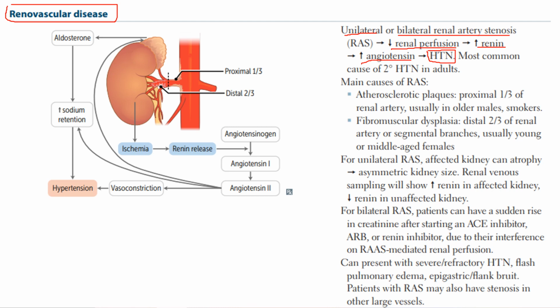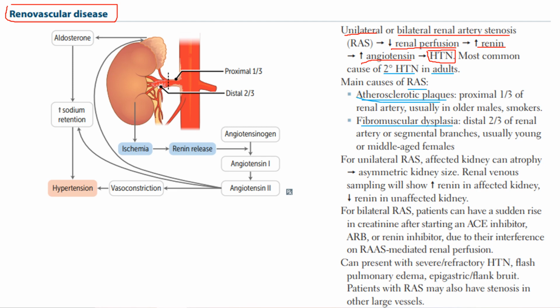It is the most common cause of secondary hypertension in adults. Main causes of renal artery stenosis are atherosclerotic plaque and fibromuscular dysplasia.